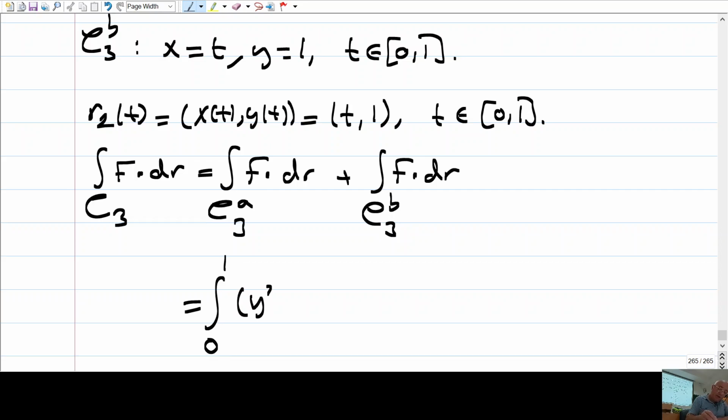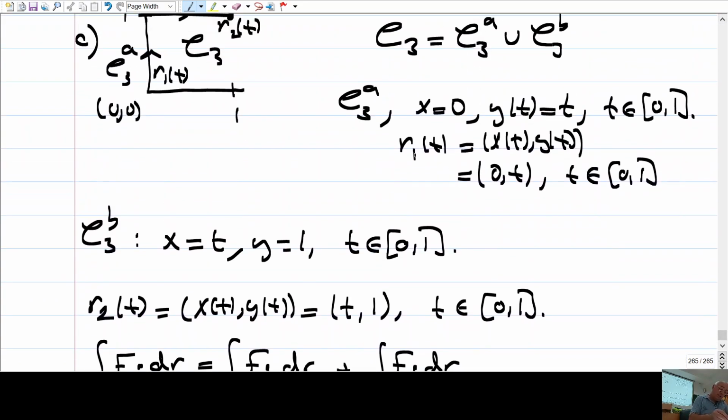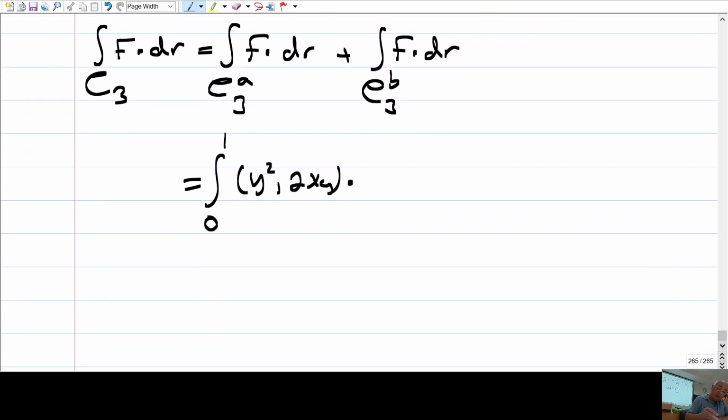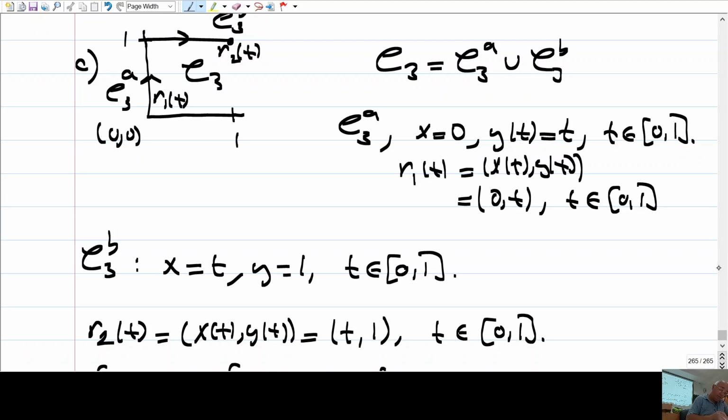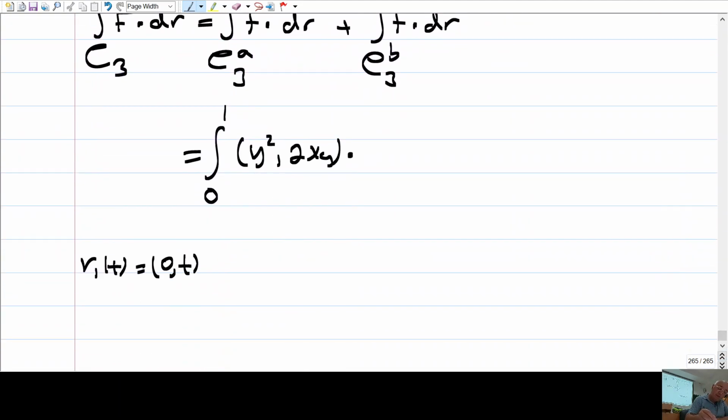F was (y squared, 2xy). What is dr? r1(t) is (0, t). That's why dr1 is just (0, 1) dt.